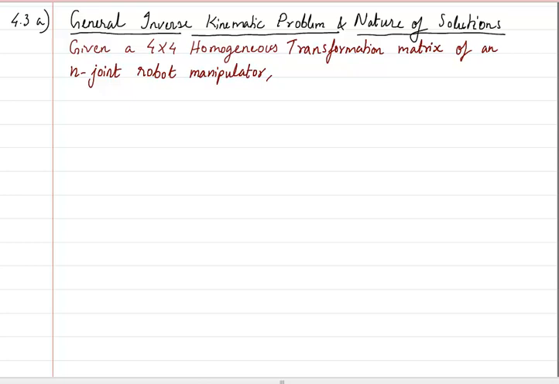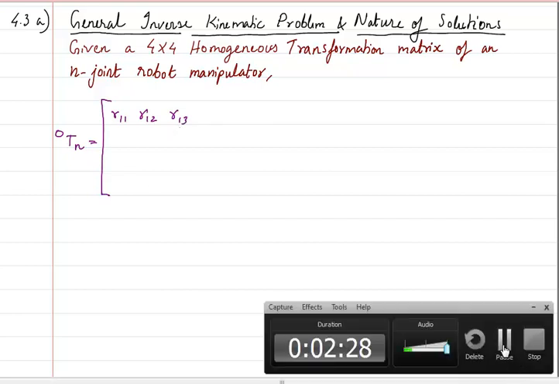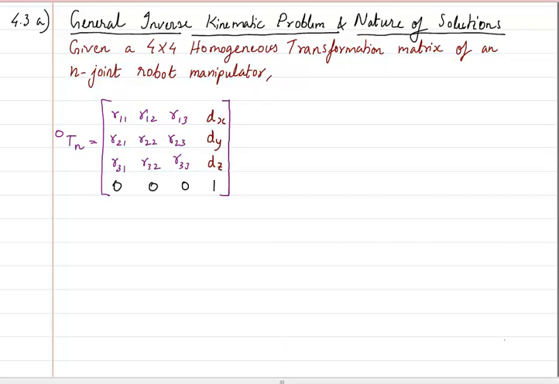So based on that, I can write the homogeneous transformation matrix connecting the nth frame, which is the end effector, to the base frame, which is the zero frame. It has a structure which we have already seen previously, which is R11, R12, R13, and so on. Then we have the position matrix.